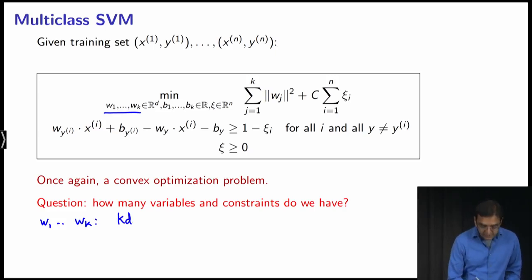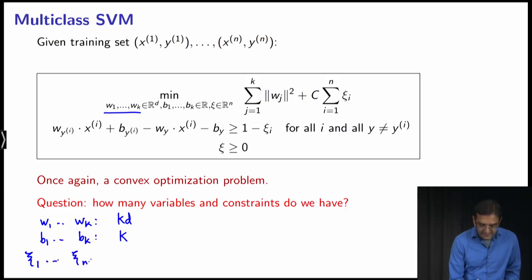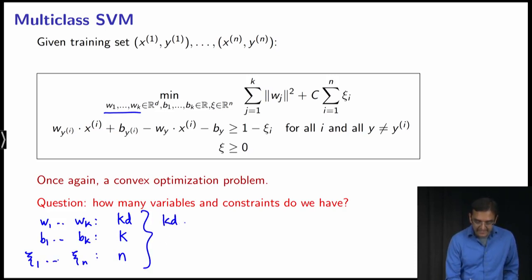Our variables also include b1 through bk. Each of them is a number, so that's k parameters. And then we have the slack variables, psi1 through psi n, so n parameters. So the total number of variables is kd plus k plus n. How about constraints?